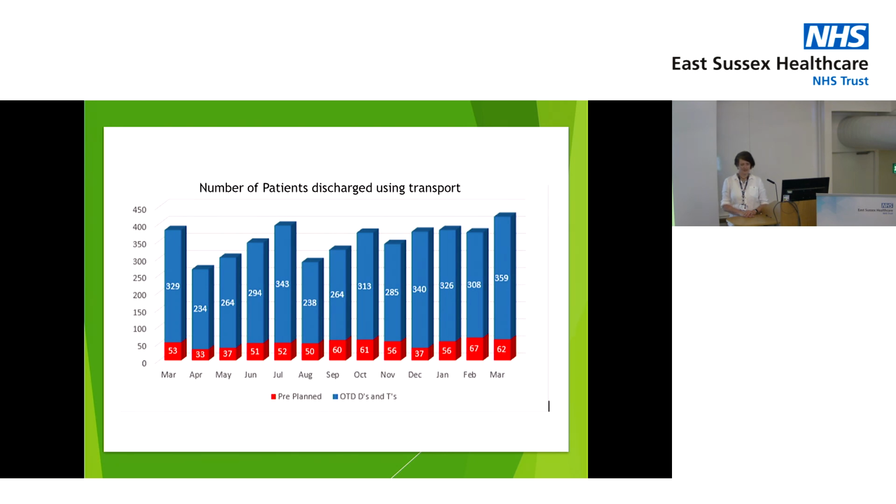We are increasing slowly. You can see from March 2020, 53 was pre-planned, and we've gone up to 62. Out of all the numbers, 359 was on the day. We'd like the red to go a little bit higher.